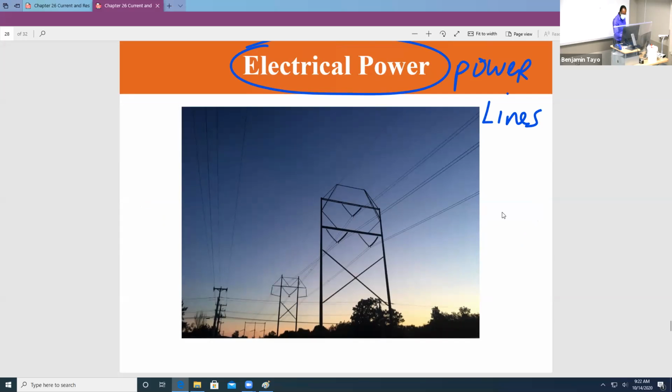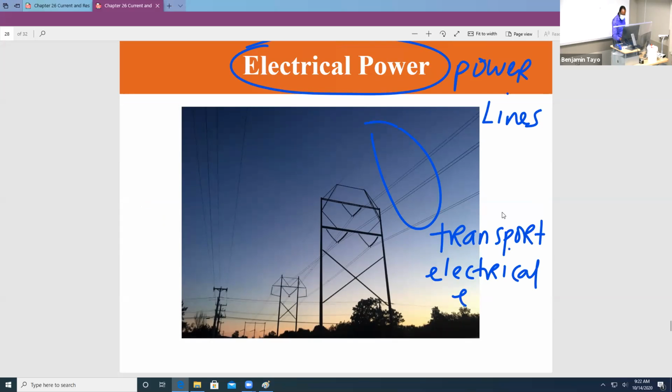So basically this is just to transport energy.